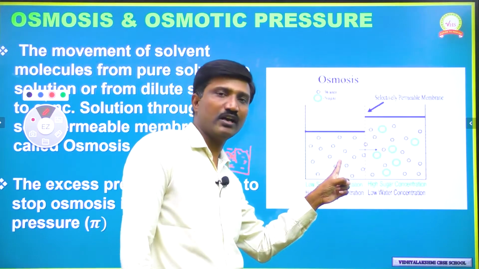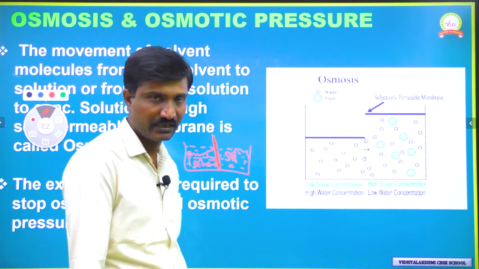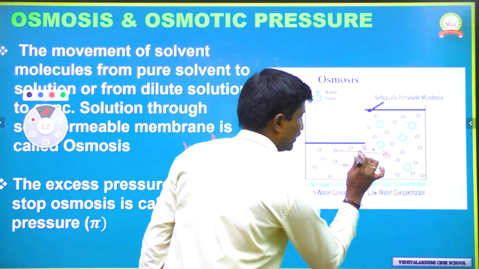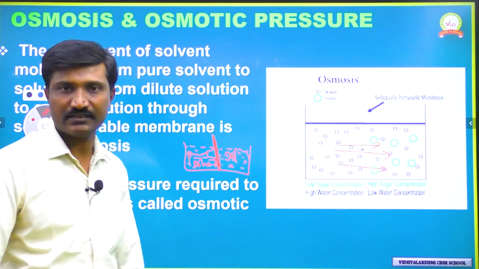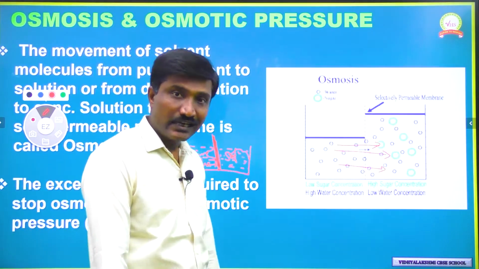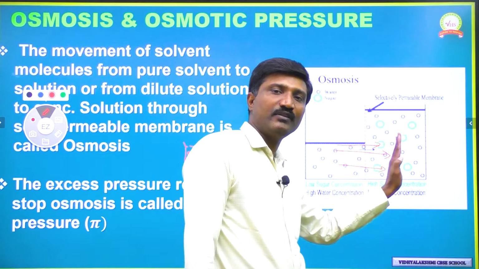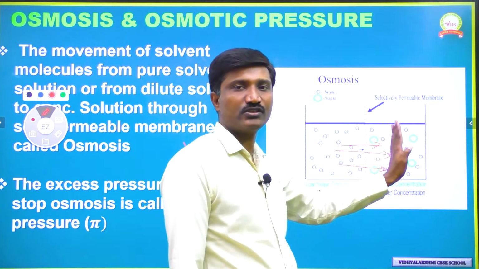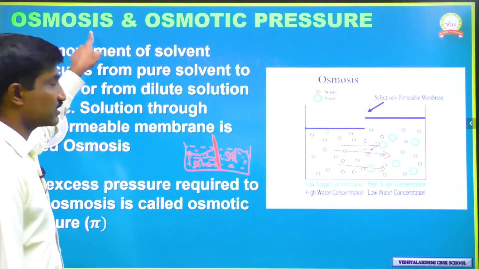So solvent molecules move from the pure solvent to the solution, and the solution volume increases. That process of movement of solvent molecules from the pure solvent to the solution, or from a dilute solution to a concentrated solution, we call osmosis.